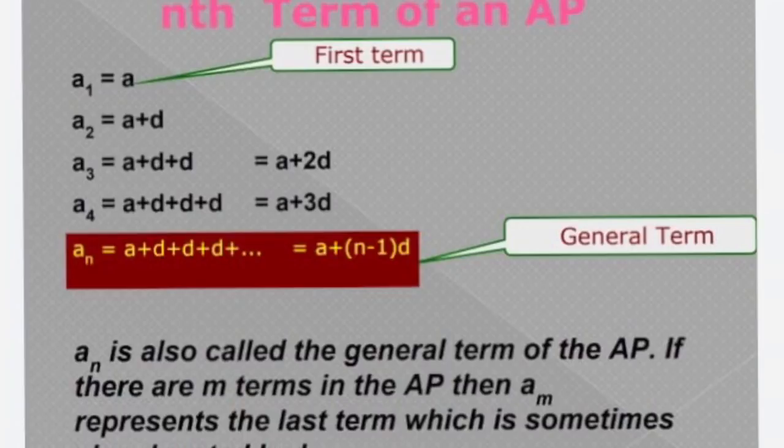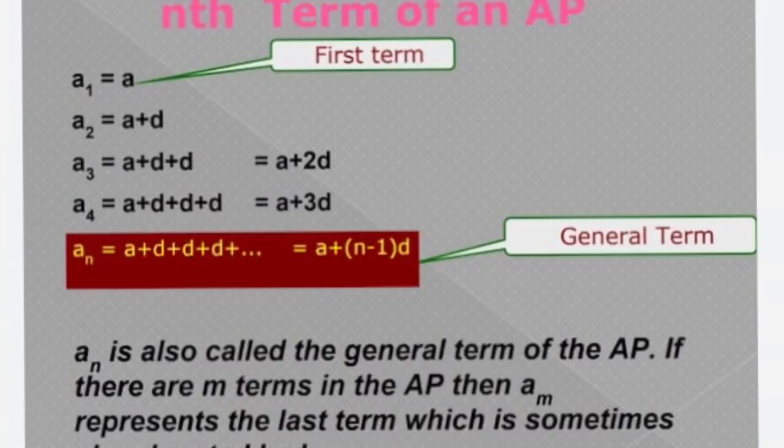In A2, the coefficient of D is 1. In A3, the coefficient of D is 2. In A4, the coefficient of D is 3. Every time the coefficient of D is 1 less than the number of the term. Look at this again. A3 means A plus 3 minus 1 into D. A4 means A plus 4 minus 1 into D. Now suppose we have to write the formula for the nth term.